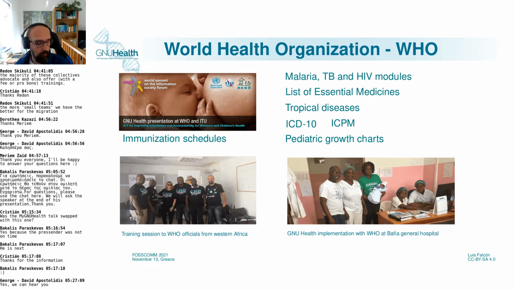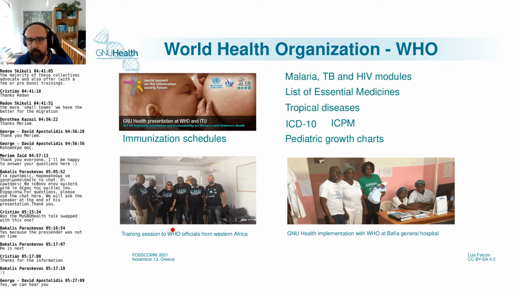And WHO, the World Health Organization, we did and we do campaigns with them. We have the Bafia District Hospital. That's the picture of the very first patient that we have in this hospital, this little baby. We train the team from WHO in the Western Africa area.